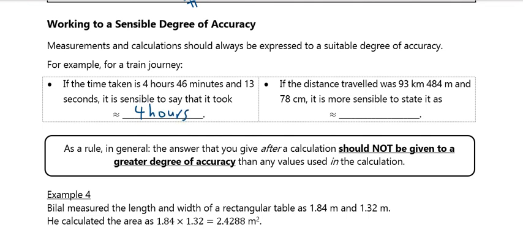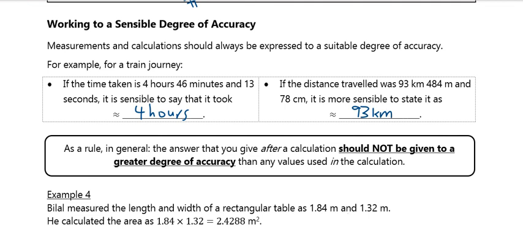Exactly, right? So the time taken will be about 4 hours. And the exact distance is 93 kilometers, 484 meters, and 78 centimeters. You will not tell people that, so it is more sensible to state it as about 93 kilometers.